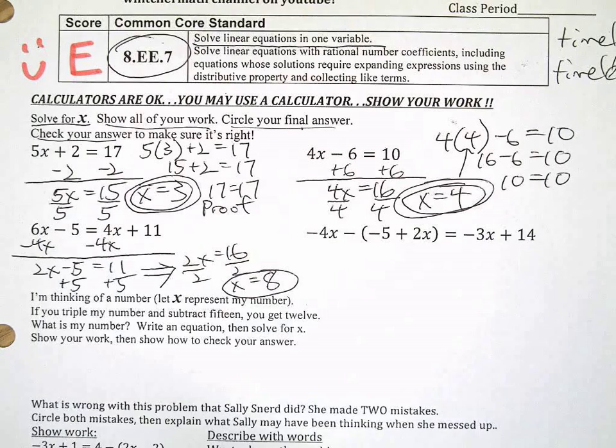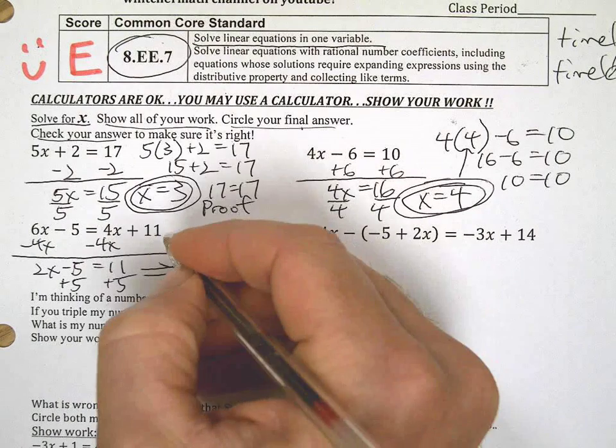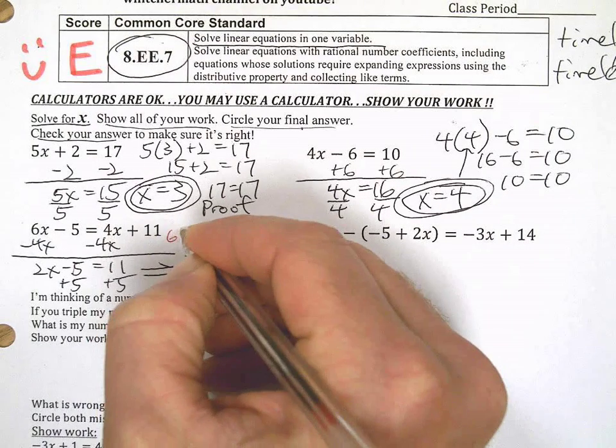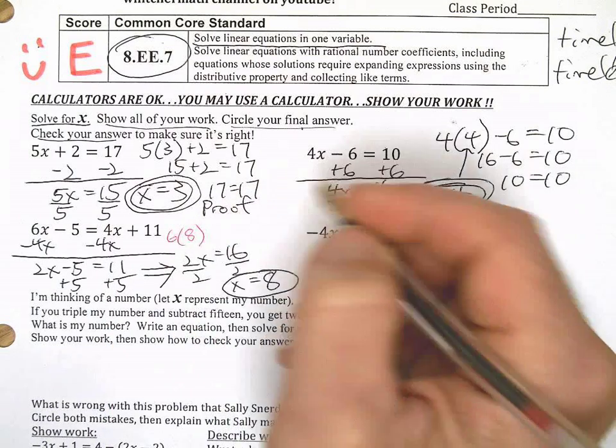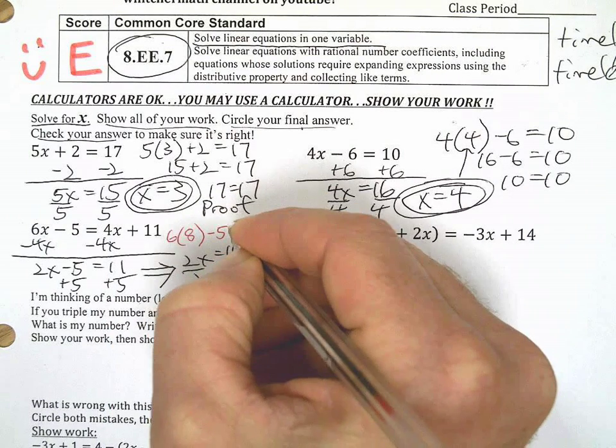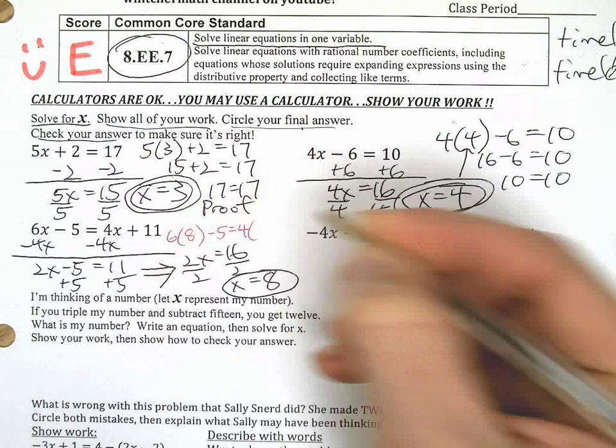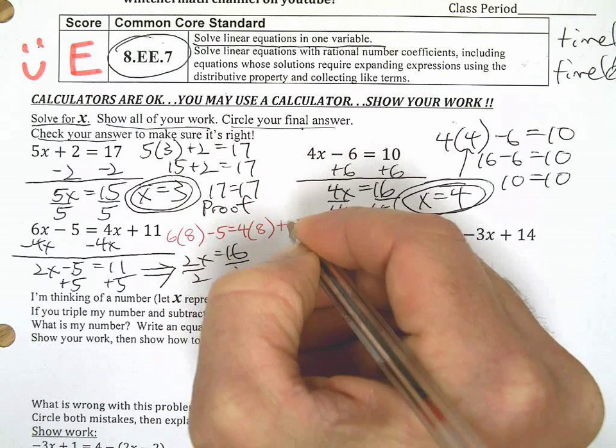Let's see, I'm going to use red to check it here. 6 times 8 minus 5, 4 times 8 plus 11.